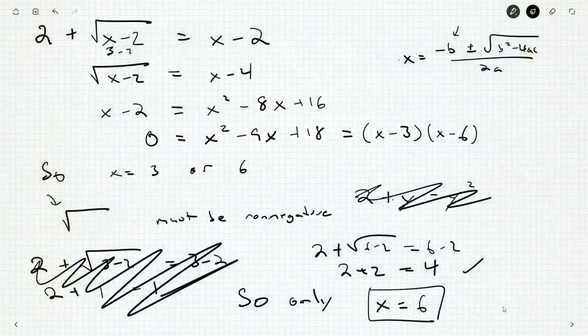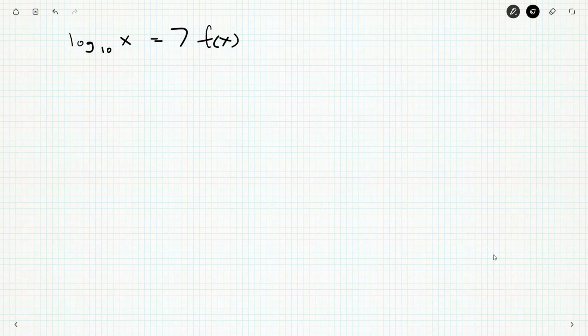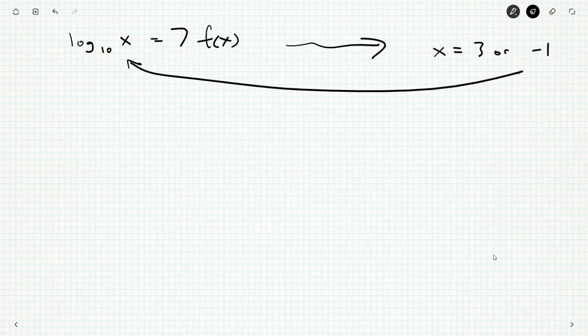So if we had some equation like this, plus some other function, whatever. You do a whole bunch of work and you get x is 3 or x is -1. Well, the -1 won't work. You can't do log base 10 of -1. That's just not allowed. So we have to be careful with this because it's sort of an extra layer to the problem. We think we're just doing some algebra, we think we're just solving them. It's a light bulb question, we get our answers, we move on. But based on the way math is set up, some of the answers just aren't allowed to work.